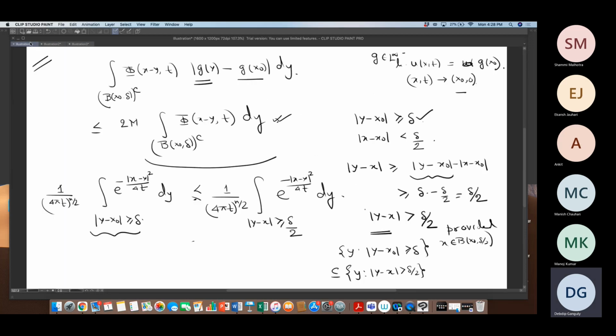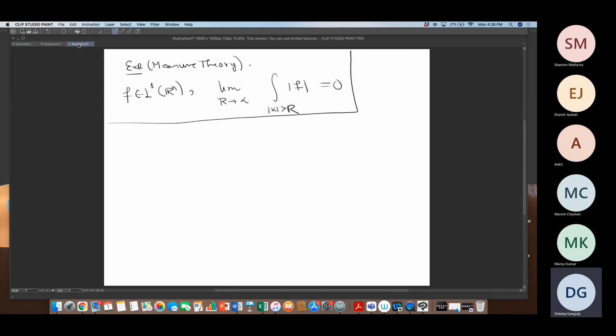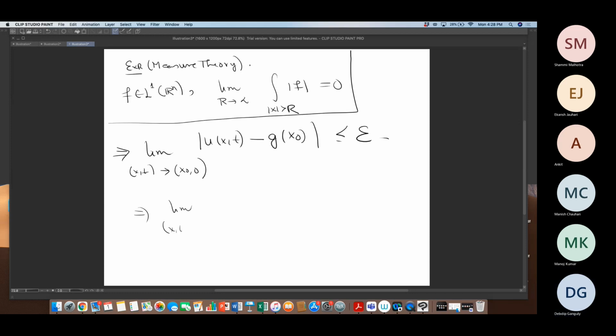Okay? So you have proved this, and the other one is epsilon. So |u(x,t) minus g(x_0)| is less than or equal to epsilon. This implies the limit as (x,t) tending to (x_0,0) of u(x,t).